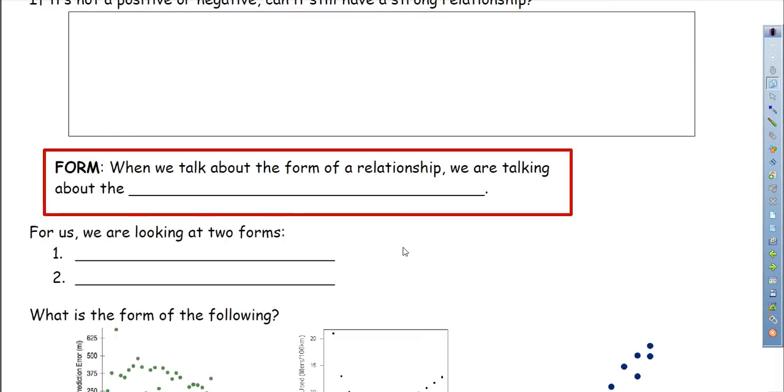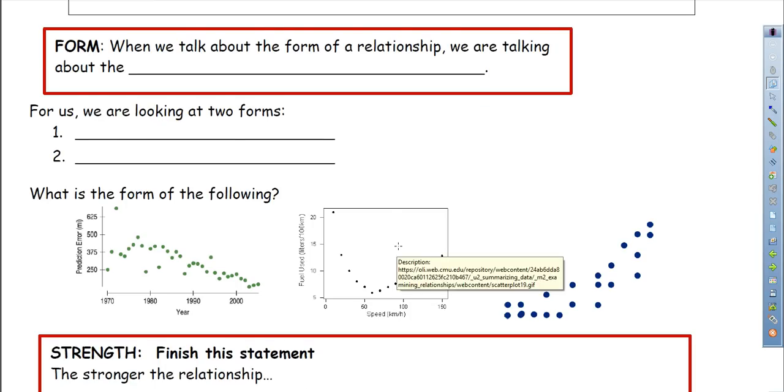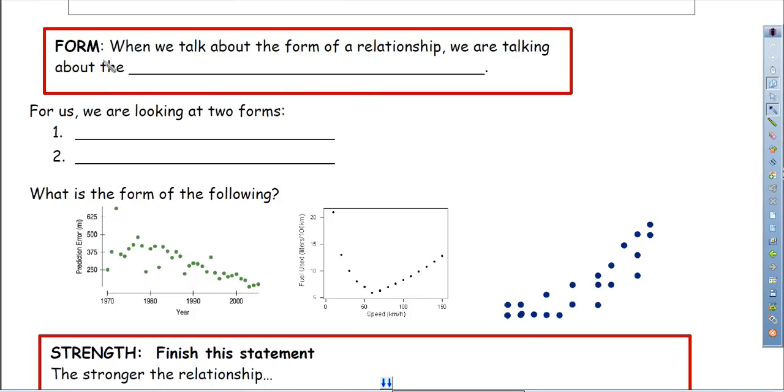Moving down, talking about form. So when we talk about form, we're pretty much talking about the shape. And for us right now, we're looking at two forms. We're looking at linear forms, and we're going to look at nonlinear forms, or you might hear it called curvilinear.